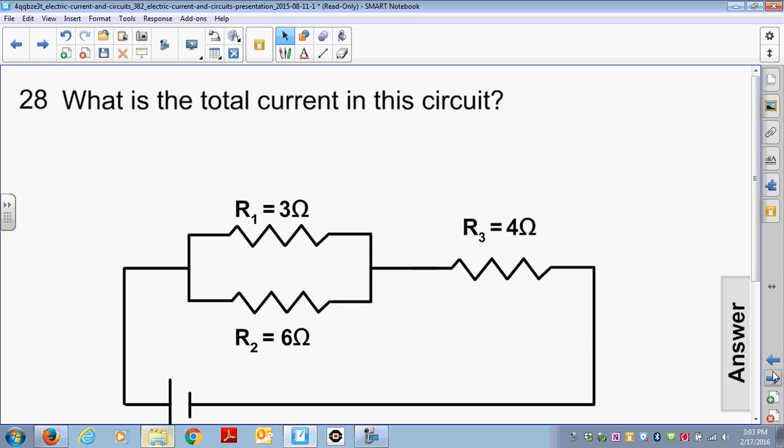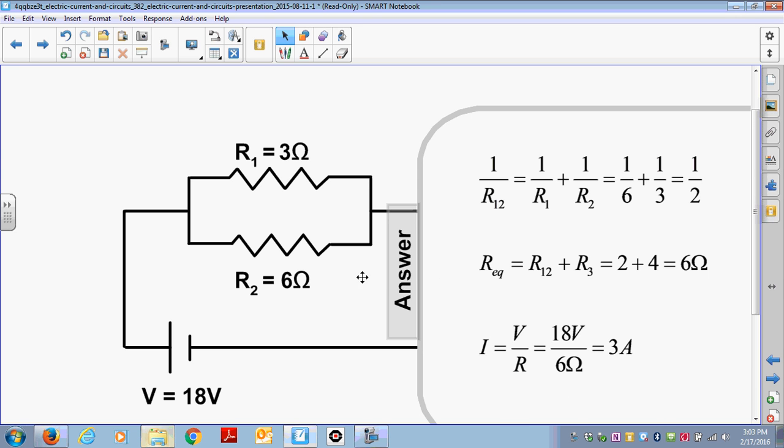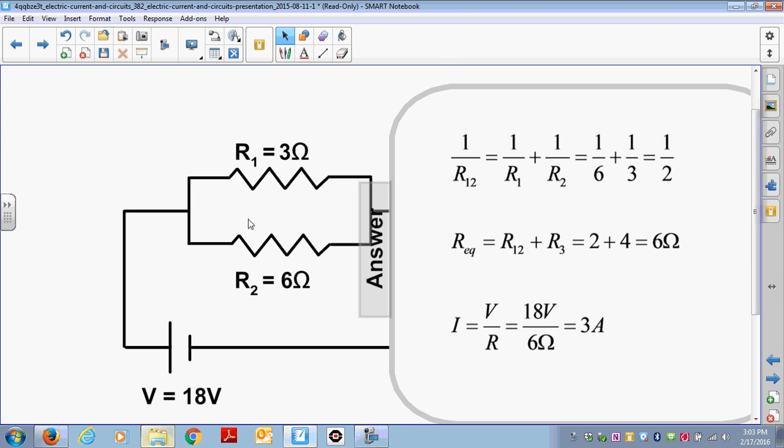What is the total current in this circuit? Okay, this is a lot trickier, so go ahead and pause if you really want to look at how you would solve this or think about it, and I recommend you do that. Okay, so let's take a look at the solution. The first thing we need to do is combine the 6 and the 3 ohm resistor.